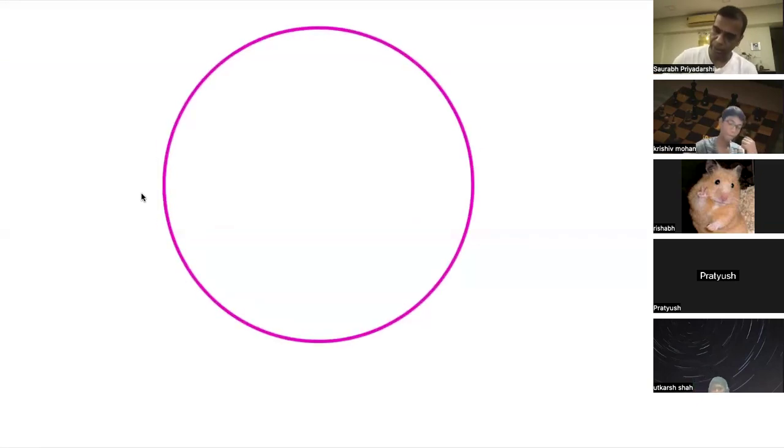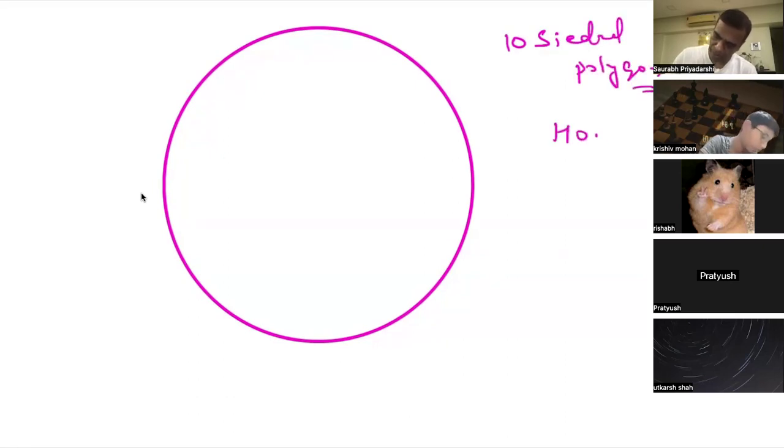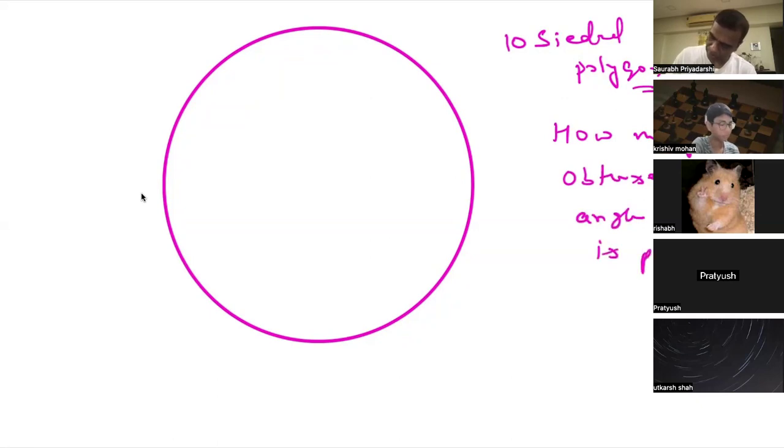In a regular decagon, a 10-sided polygon, how many obtuse angle triangles are possible? Obtuse angle triangle in a regular decagon.